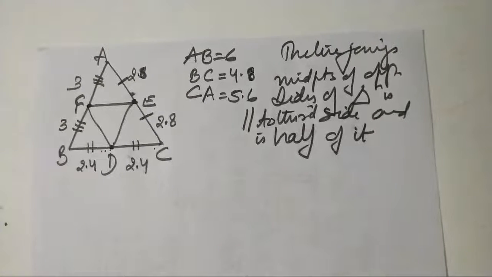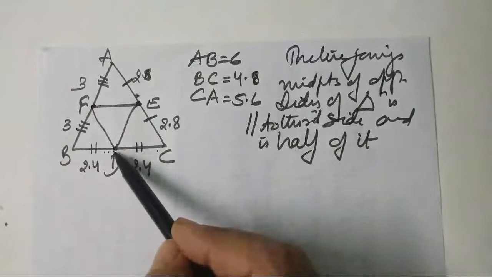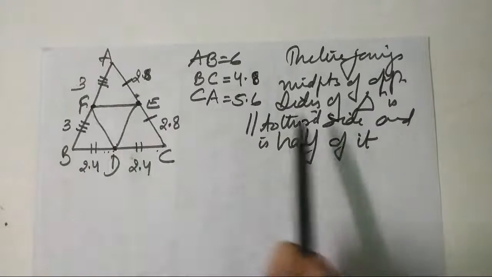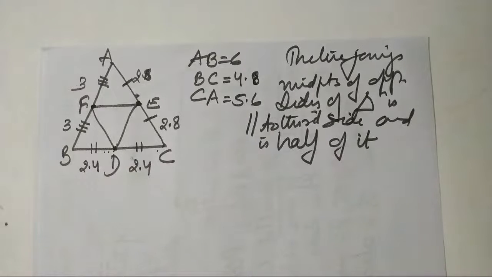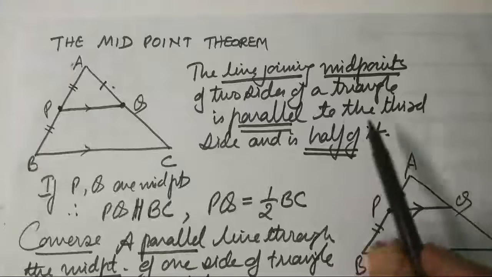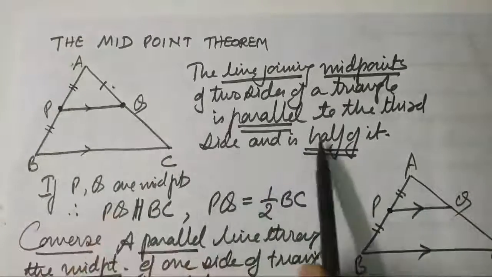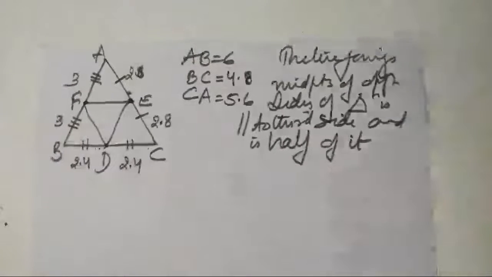In this case, the midpoints are given. F is a midpoint, E is a midpoint, and D is a midpoint. Since the midpoints are already given, we apply the theorem: the line joining midpoints of two sides will be parallel to the third side and half of it.